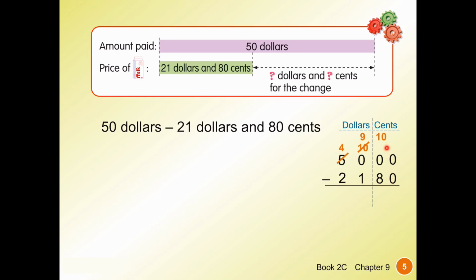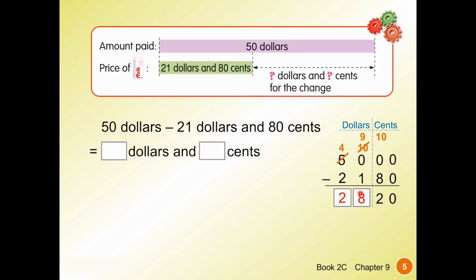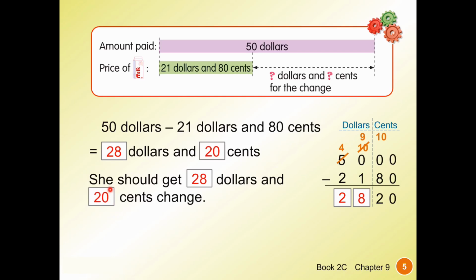So you don't have to worry too much about this. So after borrowing 1 from the units place in the dollars part, we have a 10 in the tens place for the cents part. So 10 minus 8, we have a 2 down here. And then 9 minus 1, 8. 4 minus 2, we have a 2. So the answer would be she should get $28.20 change.